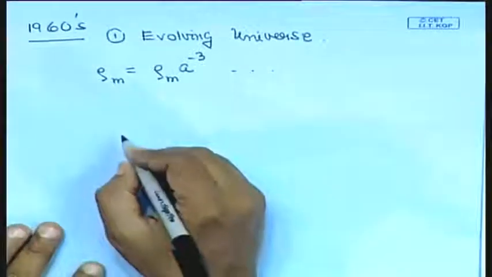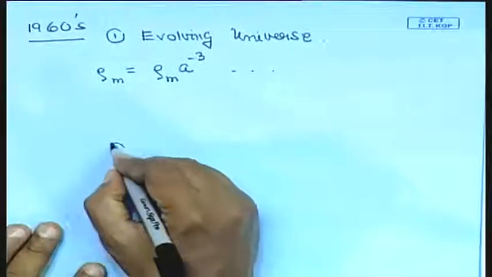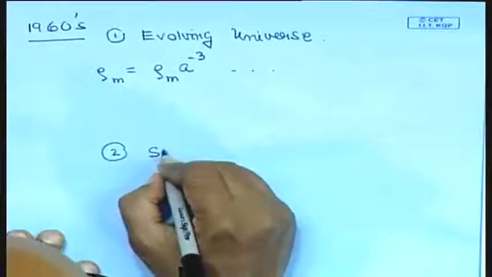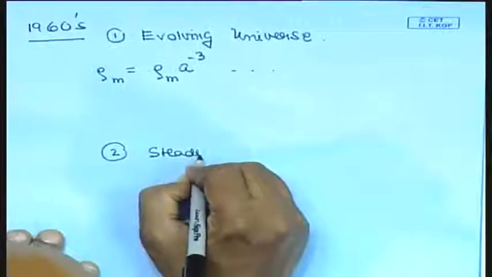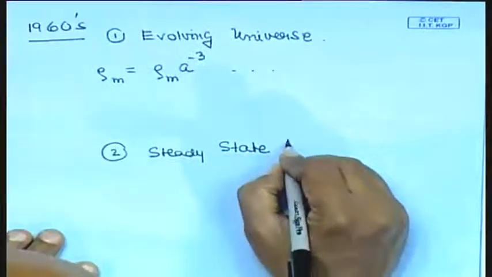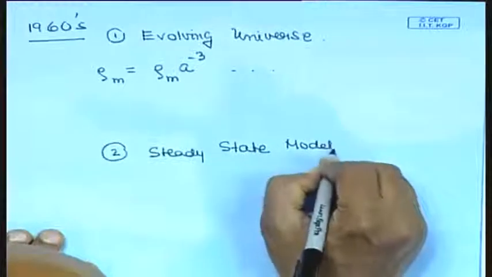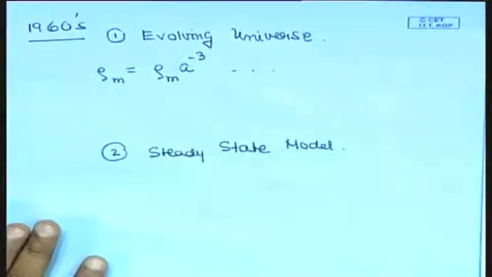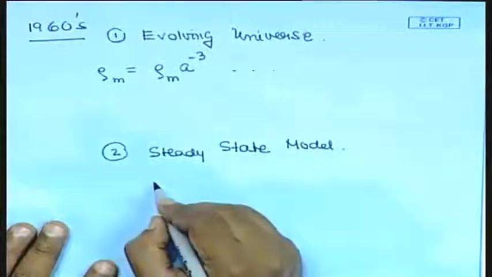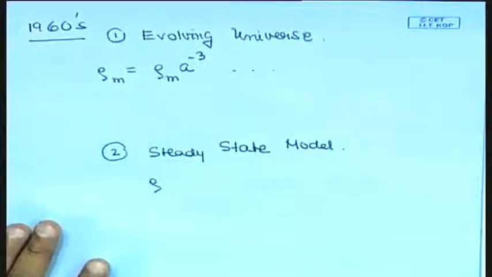Okay, there was another model at that time which was also competing with this model, which is the steady state model. In the steady state model, there is no singularity in the past. The density of the universe remains a constant.